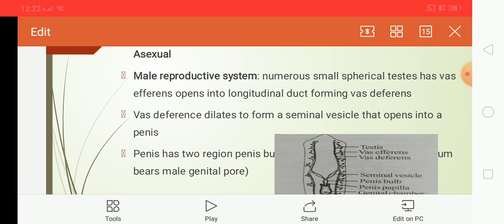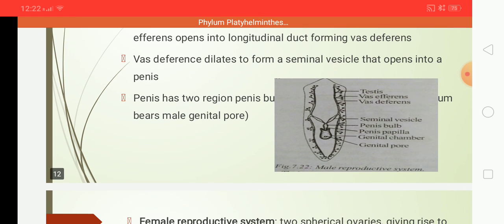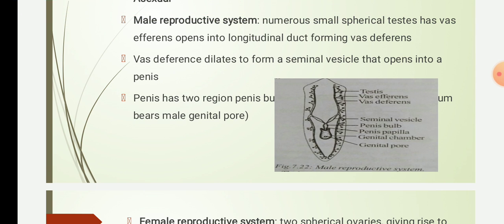The seminal vesicles of the two sides open into the penis, and this penis shows two regions, that is penis bulb and penis papilla. The lumen of the penis is narrow and is termed the ejaculatory duct, and the penis papilla projects into a small chamber called the male genital atrium.